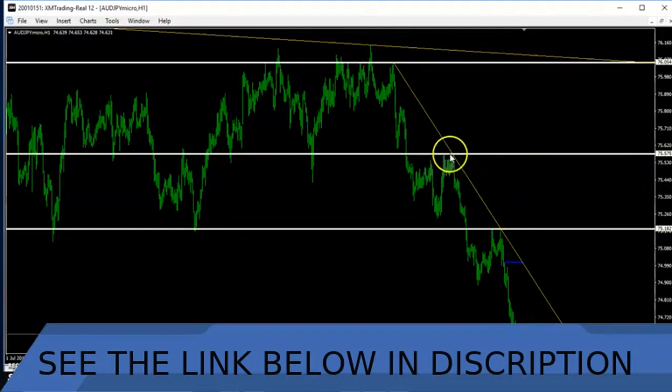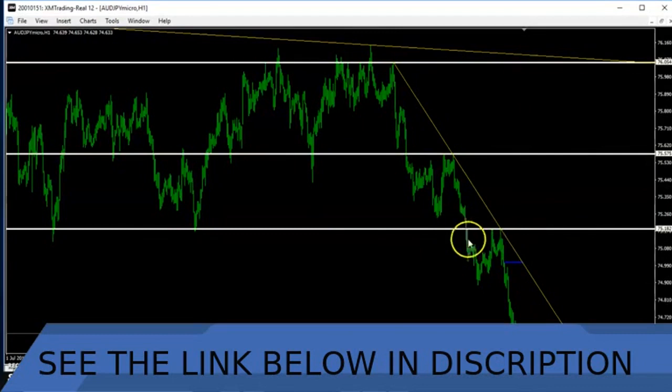Okay, then it will do another 100 pips drop between this line and this line. It's almost 100 pips, but look at the moves, a 100 pips drop. Then this was the low of that time, which became the top of now.